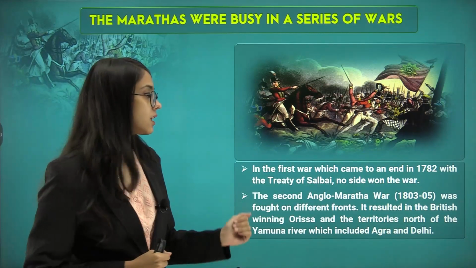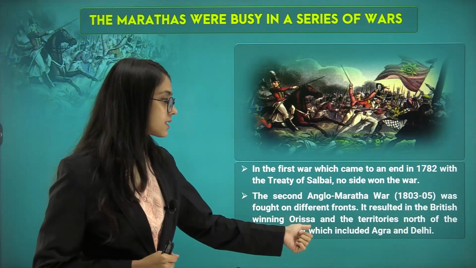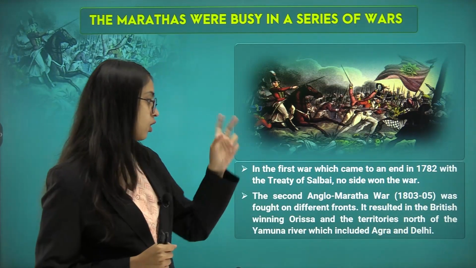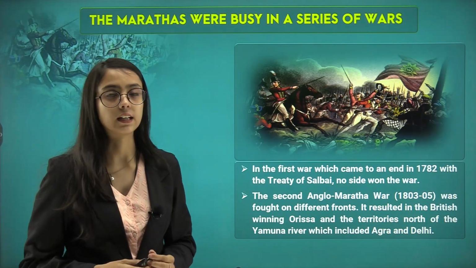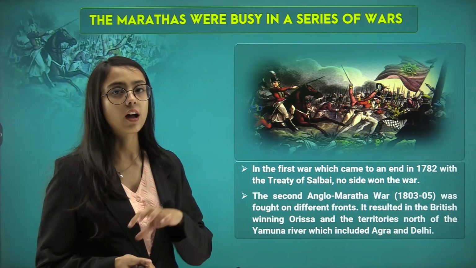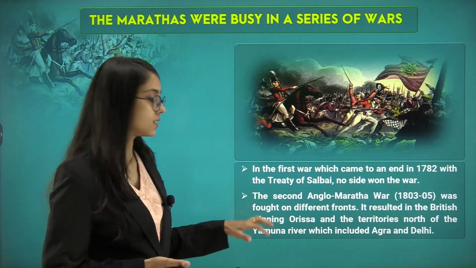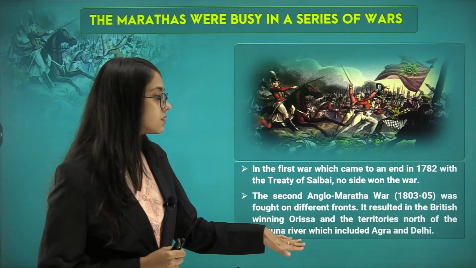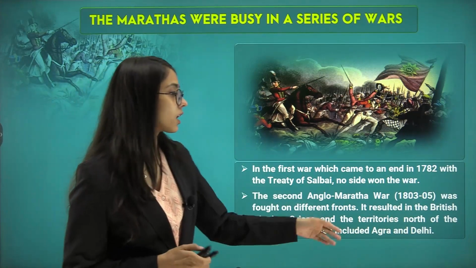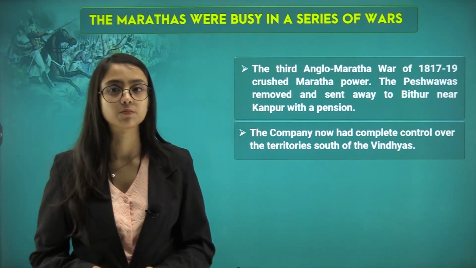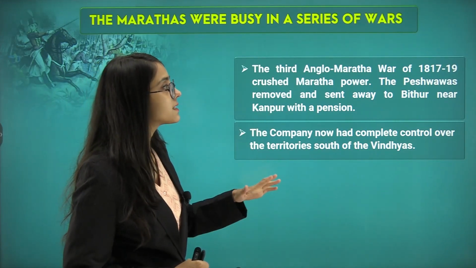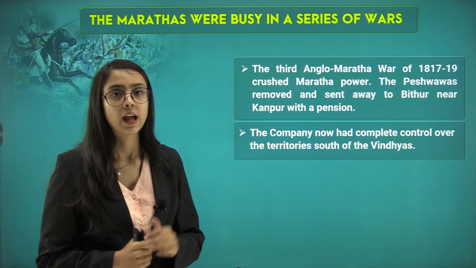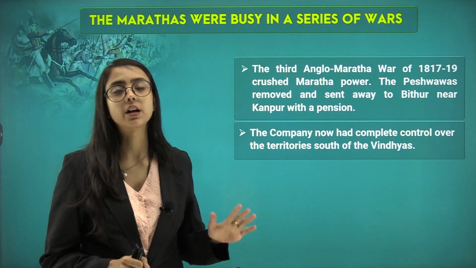This resulted in the British winning in Odisha and the territories north of the Yamuna river, which included Agra and Delhi. After winning the battle, they captured Odisha and the areas above the Yamuna river, which are Agra and Delhi. The third Anglo-Maratha war was between 1817 and 1819, and this completely crushed the Maratha power.